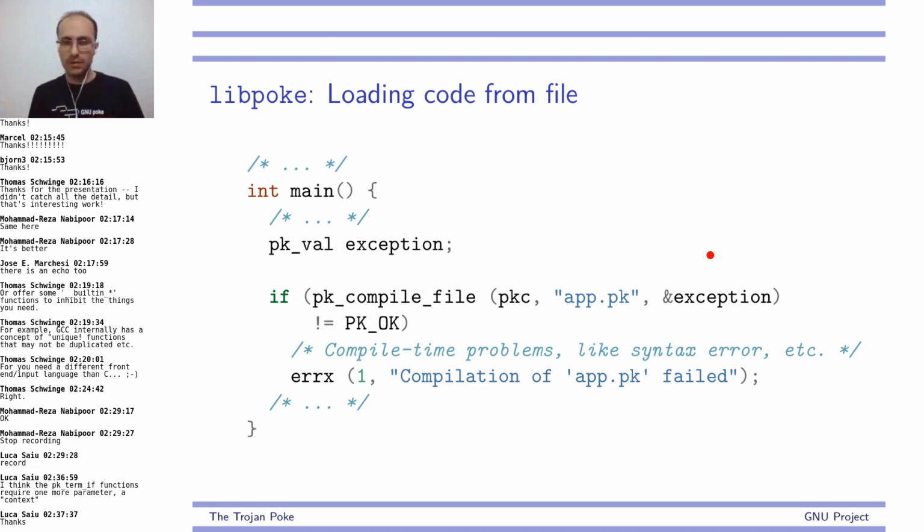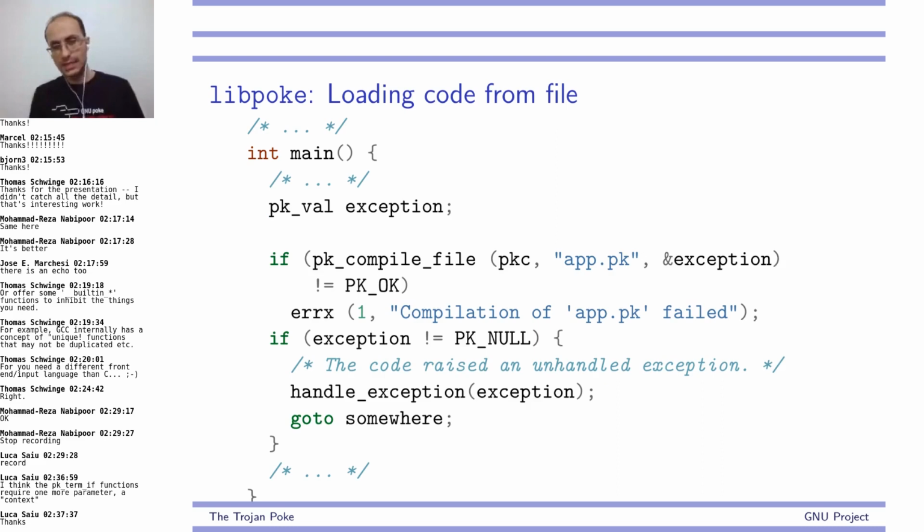These are compile time errors. So the function will return something other than pk okay, and I have to somehow report to the user that it is a compile time error.